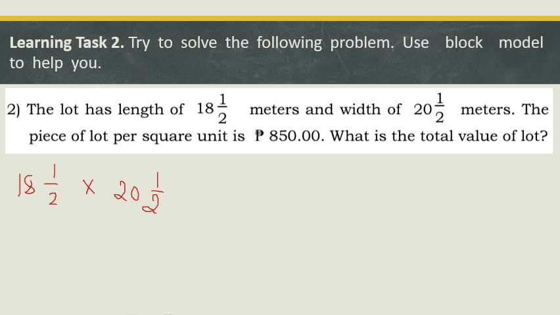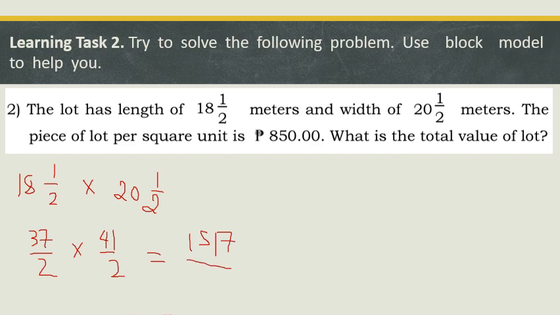So, sabi ko nga kanina, pag mix, gagawin natin improper. So, ito ay magiging 37 halves, times, ang 20 and 1/2 ay magiging 41 halves. Ngayon, i-multiply natin siya. So, ang 37 times 41 is 1,517.